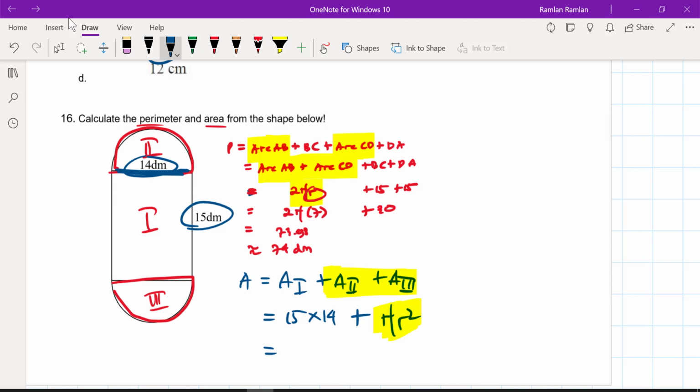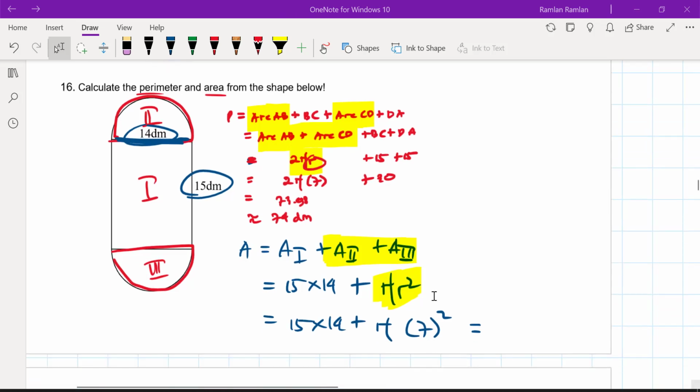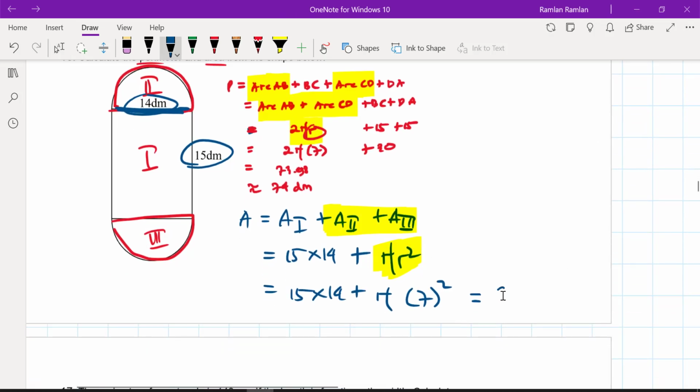So that'll be 15 times 14, and then plus pi times 7 squared. And then again, you can put all of these numbers into the calculator, and you'll get around 363.9, sorry, I'm going to write it here, 363.9, or you can round it up to 364. That'll be in decimeter squared.